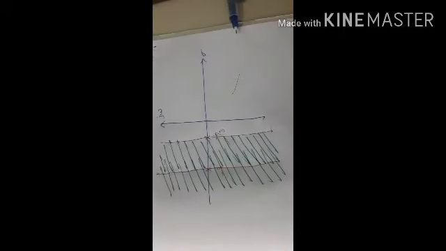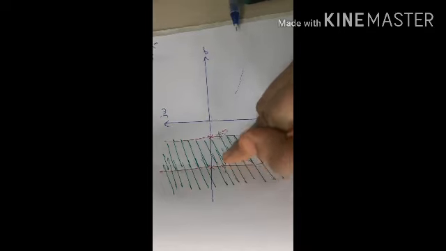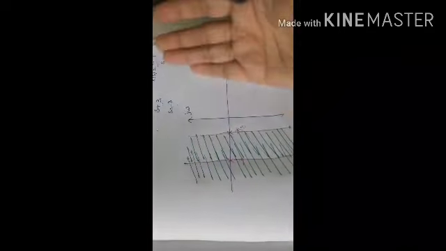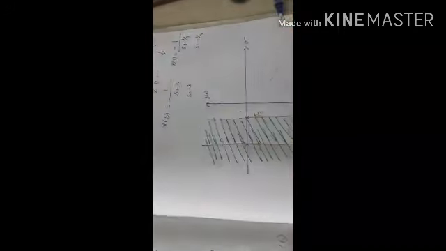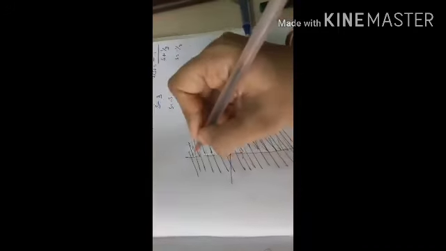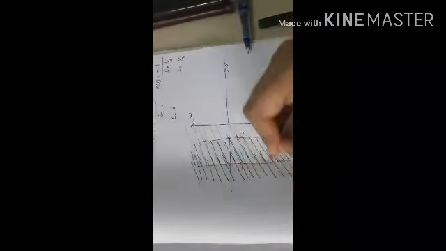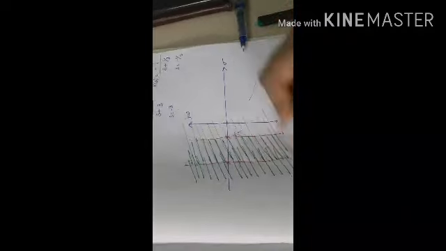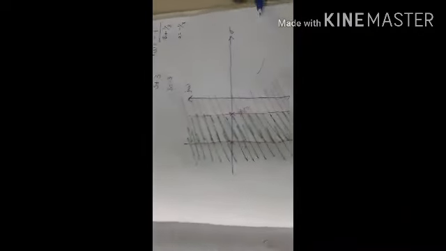For s is equal to minus 3, the region of convergence is to the right side of this pole. So what is the common area?